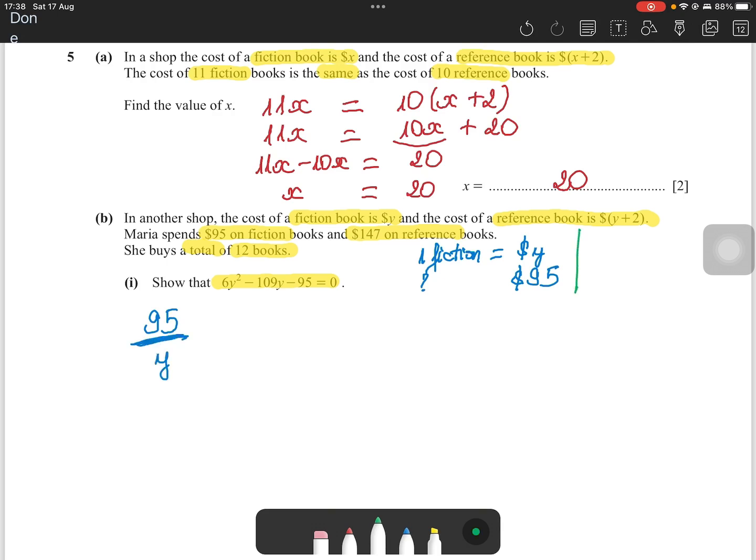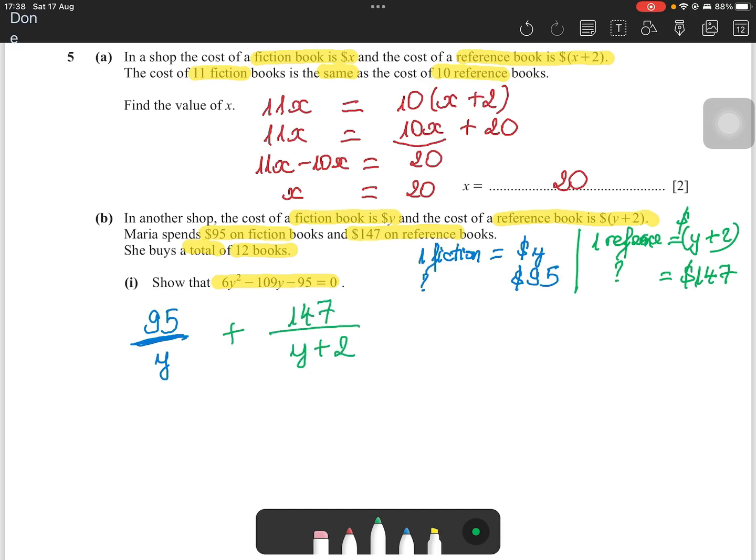And similarly, one reference book is equal to Y plus $2. So if you spend $147, then you can buy how many reference books? That would be 147 divided by Y plus 2. This is the number of reference books. And the total of fiction and reference books is 12. So now we need to solve this equation.